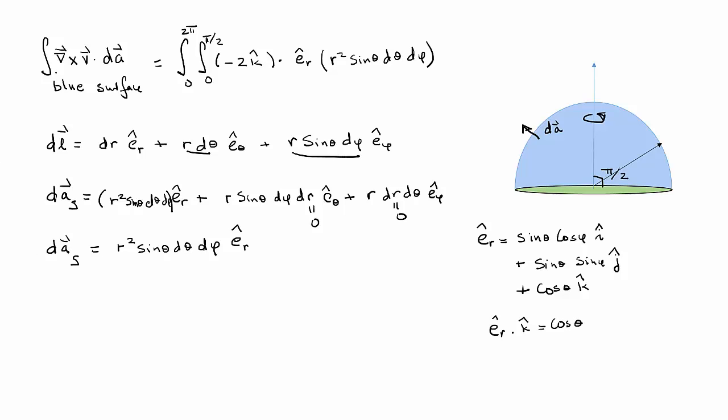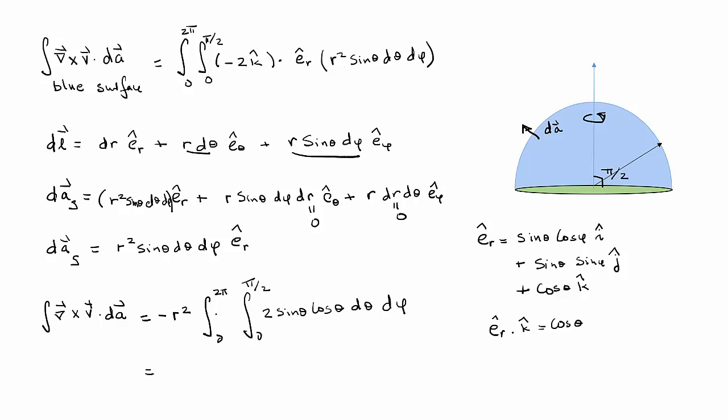So then, coming back to this Stokes Theorem integral, the area integral, we get del cross V dot dA is equal to, for the hemisphere r is a constant, I can bring the minus r squared outside, and then I would have 0 to 2 pi, 0 to pi over 2, 2 sine theta cosine theta d theta d phi, and I can do the phi integral already.